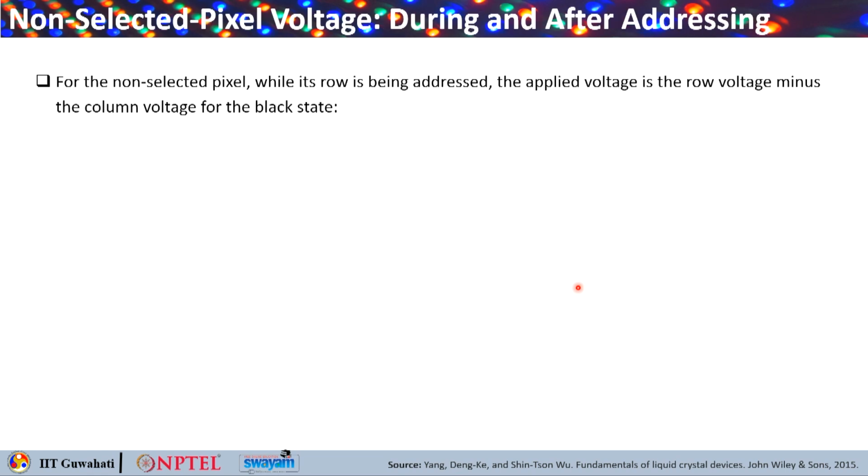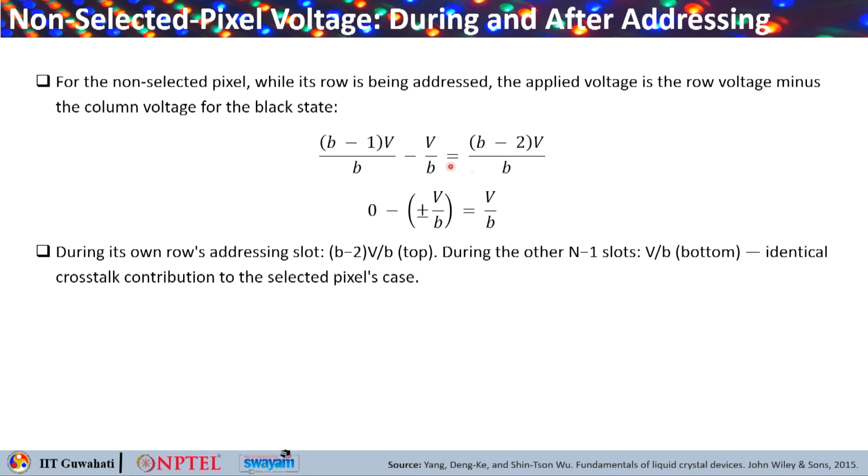Now for the non-selected pixel, while its row is being addressed, the applied voltage is the row voltage minus the column voltage for the dark state, which is V by B. So this gives you B minus 2 V by B, and this is for its own row's addressing slot.